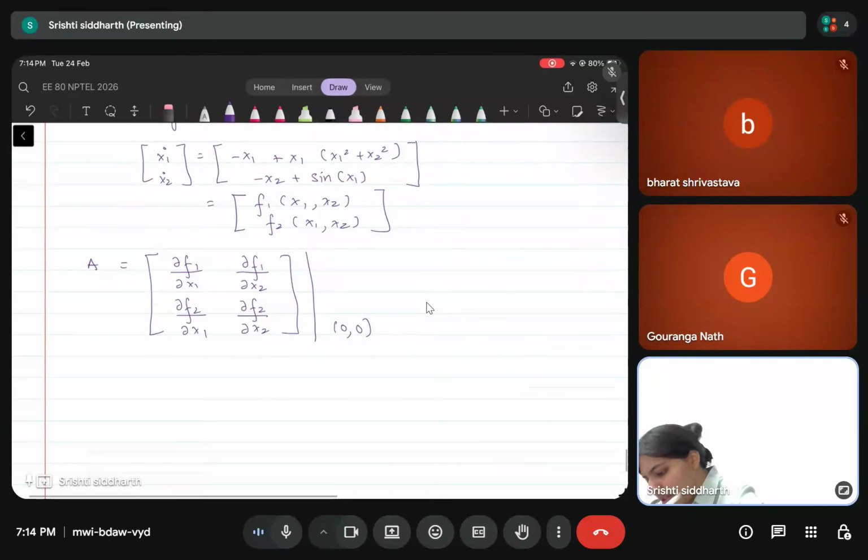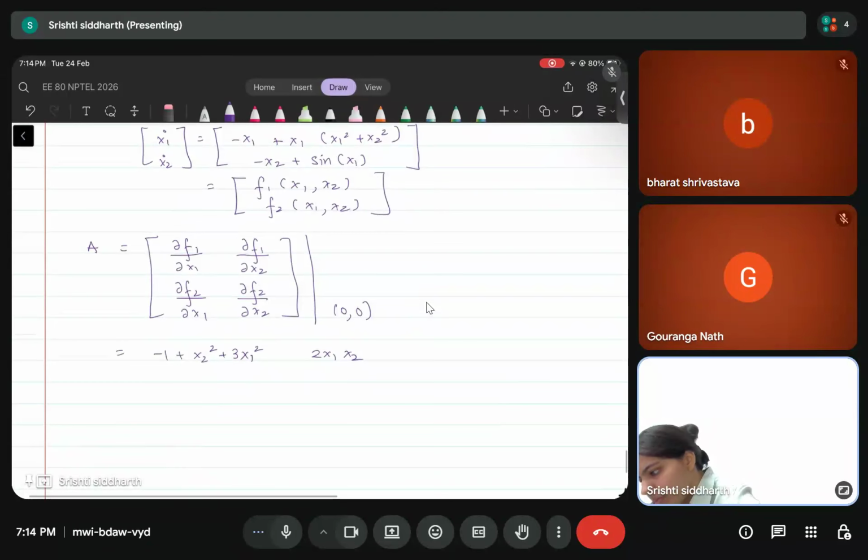So let's compute this. This is going to be minus 1 plus x2 squared plus 3x1 squared. And this is x1 x2.